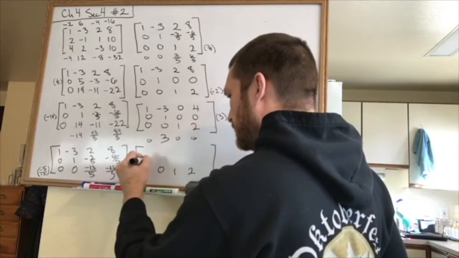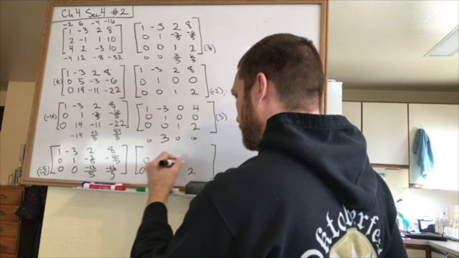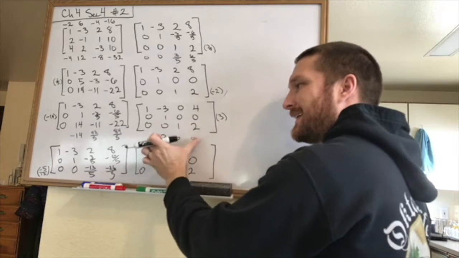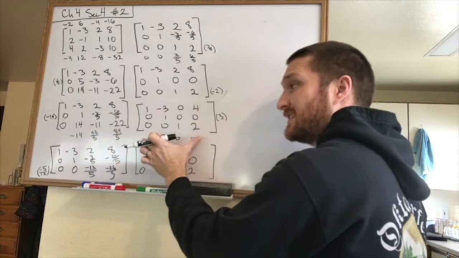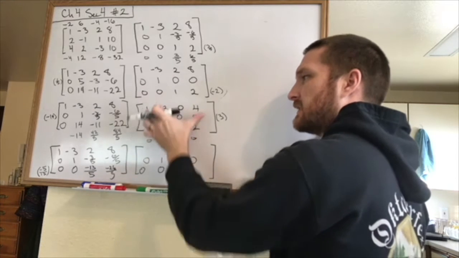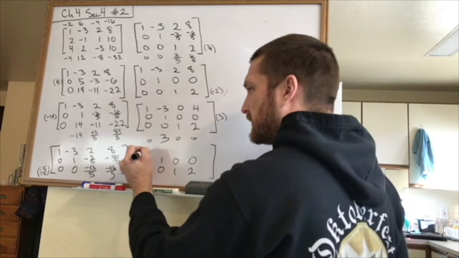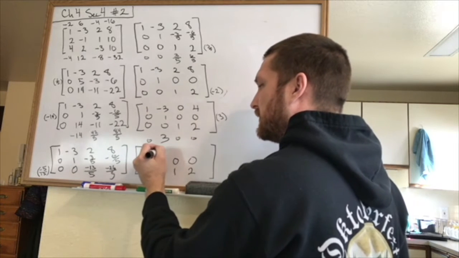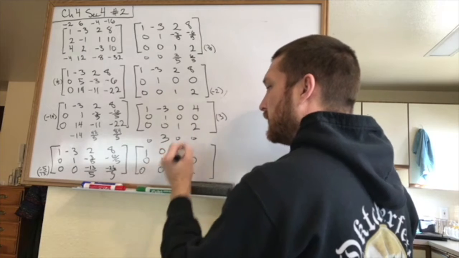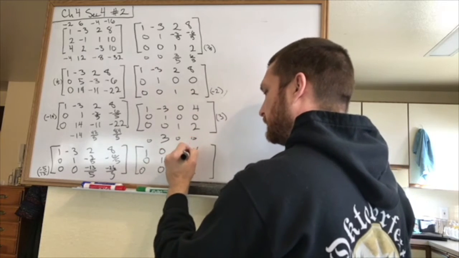Middle row is not changing. Now the top row, I'm taking 3 times this row, which is conveniently written right here, and I'm just going to add it to the top row. The 0 and the 1 stay at 1, the 3 and the -3 give me a 0 by design. 0 and 0, 0, 0 and 4 is 4.